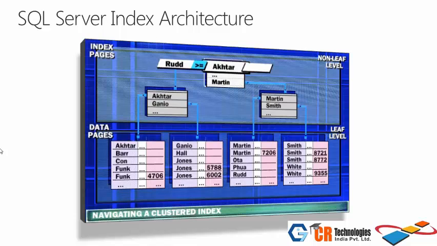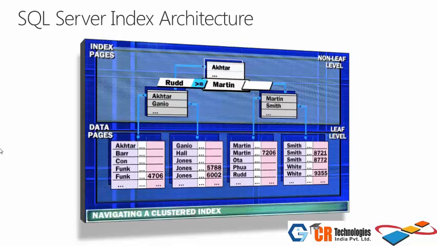The comparison evaluates to true, and SQL Server moves to the next key value. SQL Server evaluates whether Rudd is greater than or equal to the key value Martin. The comparison evaluates to true and is the last key value on the page. SQL Server moves to the page at the next level to which the key value Martin points.